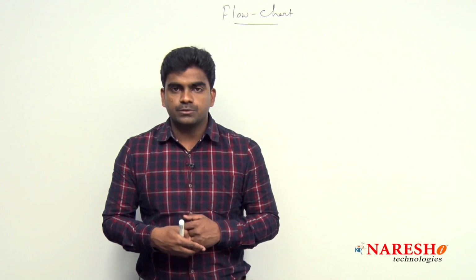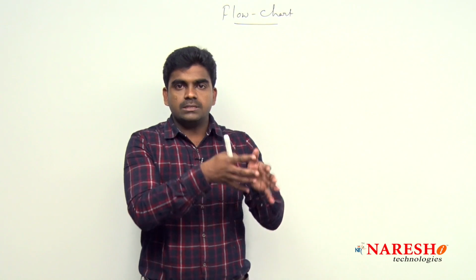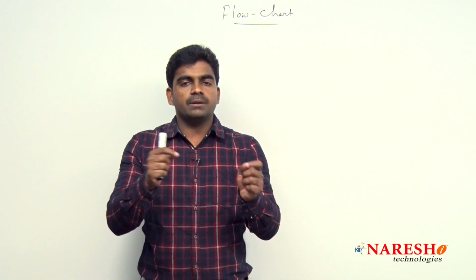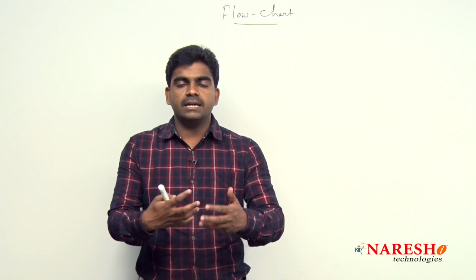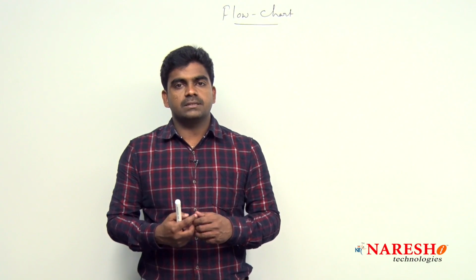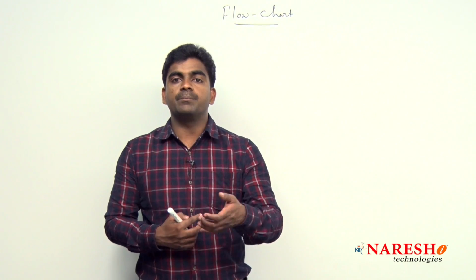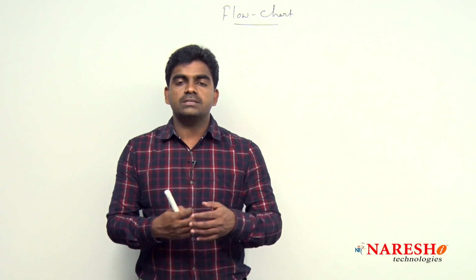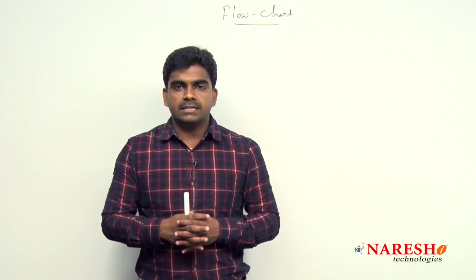How can we represent it? All the steps of an algorithm we are representing with symbols, we can say diagrams, symbols. So what are the symbols we are using mainly? And what does a flowchart contain?